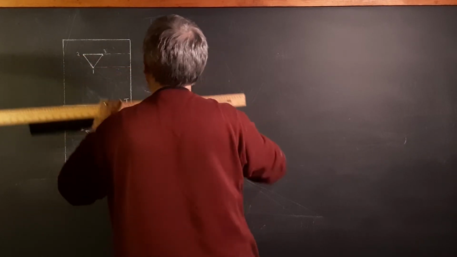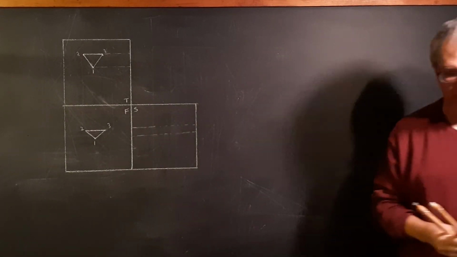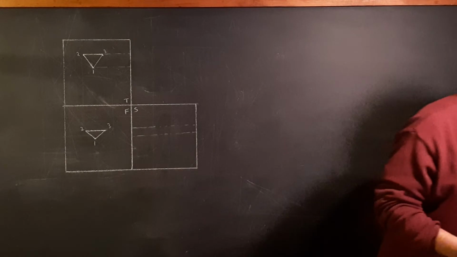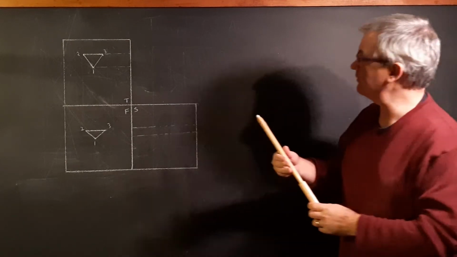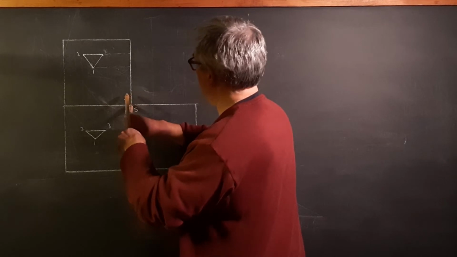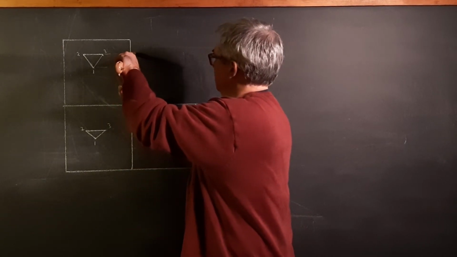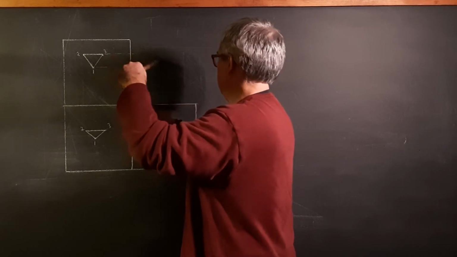And then we need our compass. We can make the swoops from 2 and 3. We put our point here, put our compass up here by 2 and 3. Make sure we're in the right spot, and we are.